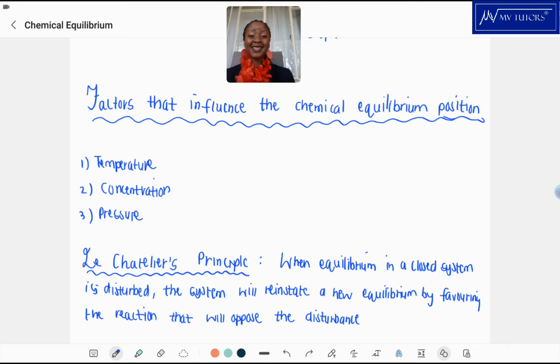So Le Chatelier says, what is this disturbance that happened? I gained weight, I can't fit into my clothes, I'm starting to get pimples, things are not working out. So that is the disturbance. Now Le Chatelier says, fine, I want to favor what will oppose that disturbance.